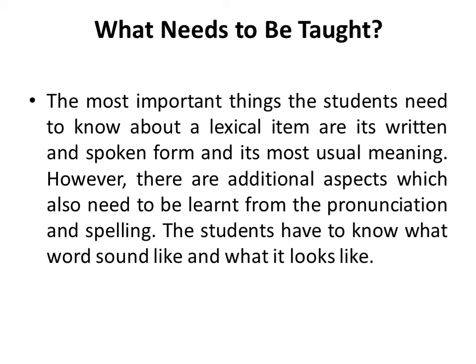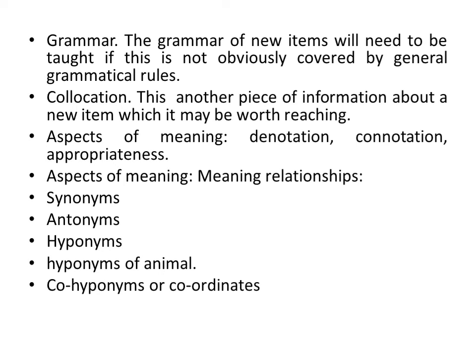However, there are additional aspects which also need to be learned. From the pronunciation and spelling, the students have to know what words sound like and what they look like. Grammar refers to the grammar of a new item, which will need to be taught if this is not obviously covered by general grammatical rules.